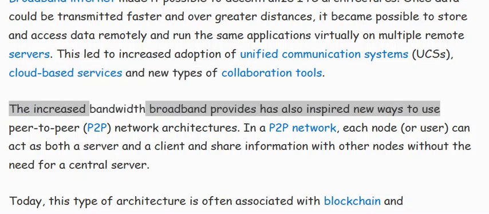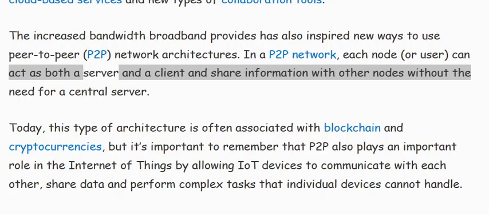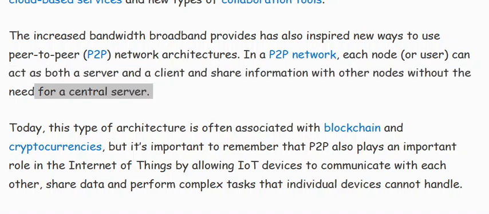The increased bandwidth broadband provides has also inspired new ways to use peer-to-peer, P2P, network architectures. In a P2P network, each node, or user, can act as both a server and a client and share information with other nodes without the need for a central server.